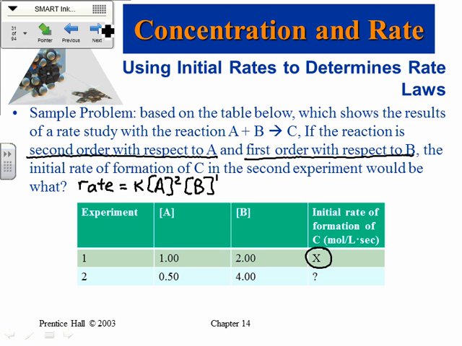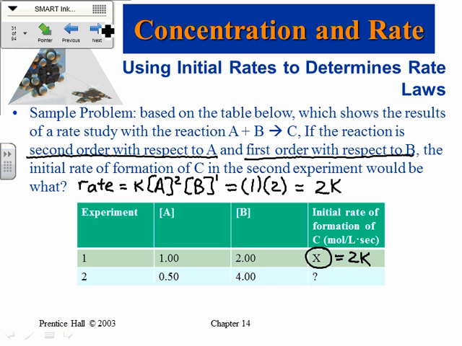So our rate here should be equal to, if A is a concentration of 1, 1 squared is just 1, multiplied by B, which is 2 to the first power, so that's going to equal 2. So I guess 2K.